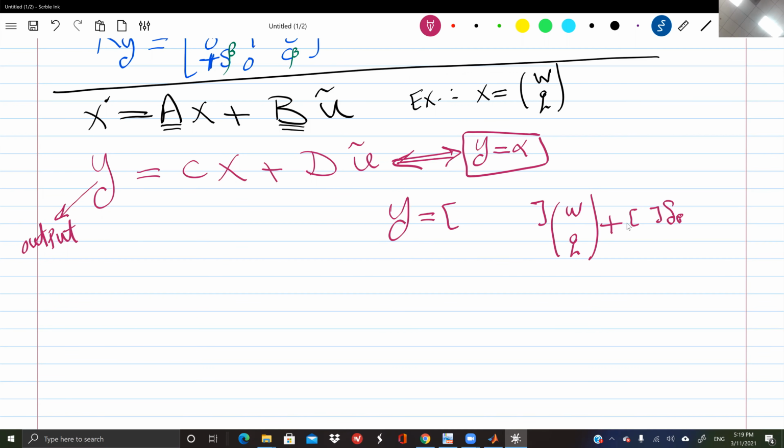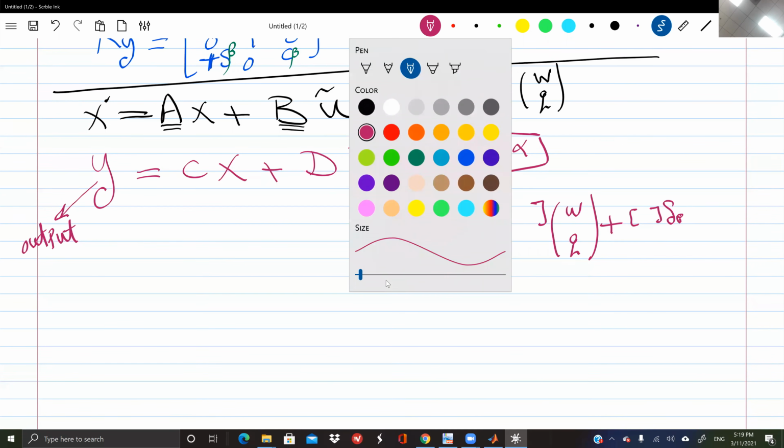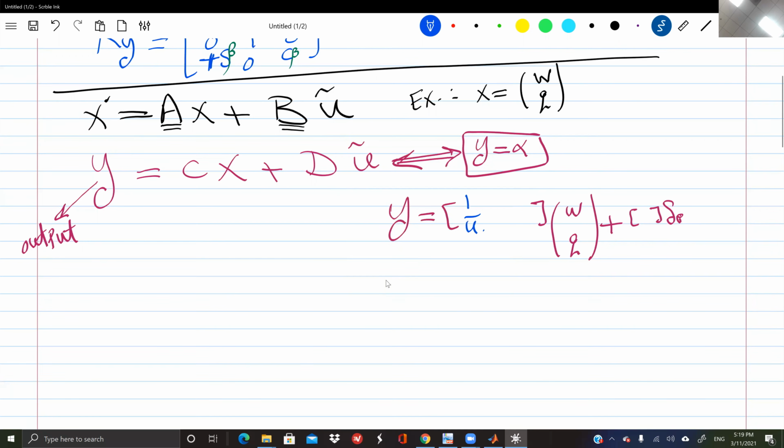Can you fill these matrices, please? Yes, if my y is the angle of attack alpha, how is it related to W, Q, and elevator? Well, in fact, it is 1 over U naught times W, 0 times Q, and 0 times delta elevator. So this is my C matrix, this is my D.